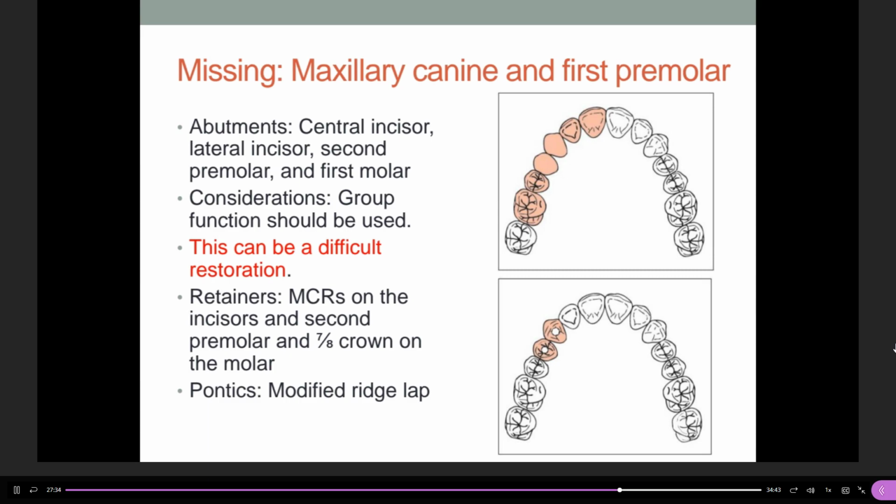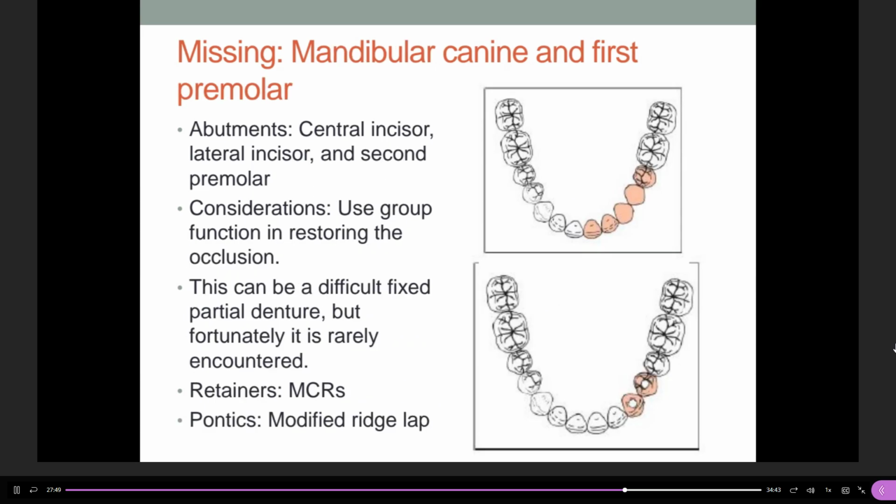So it will be a 6-unit prosthesis, long span, and better to give an implant prosthesis. This is a difficult prosthesis. You should not attempt such cases. Mandibular canine and first premolar missing. Here also a 5-unit prosthesis. Better to replace by two single implants.